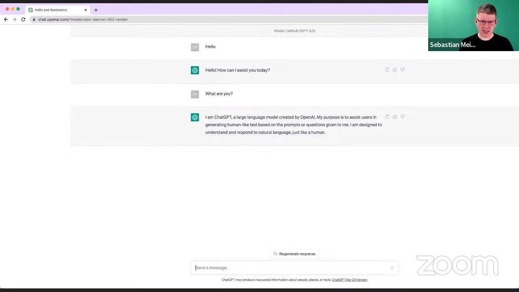And it does that by looking at all the content it has consumed during its learning phase. That's one of those really important pieces there, because the learning phase ended in 2021.